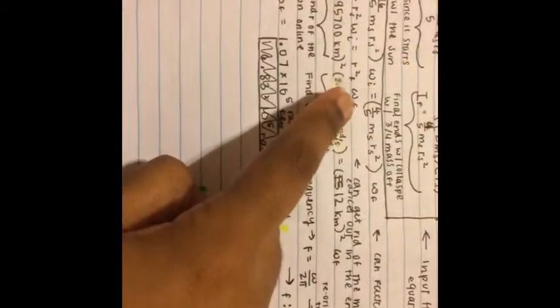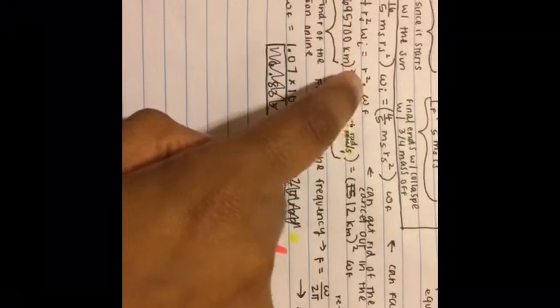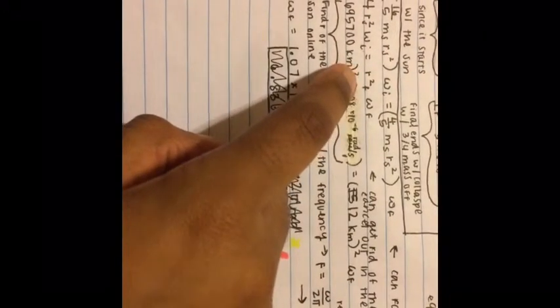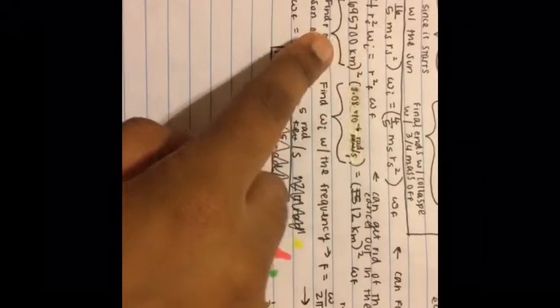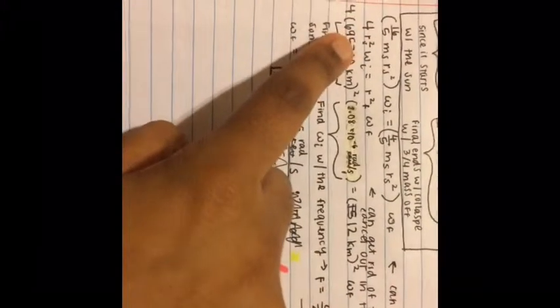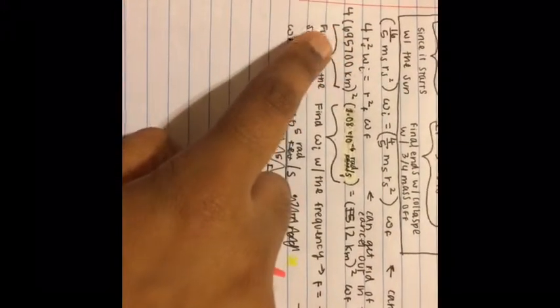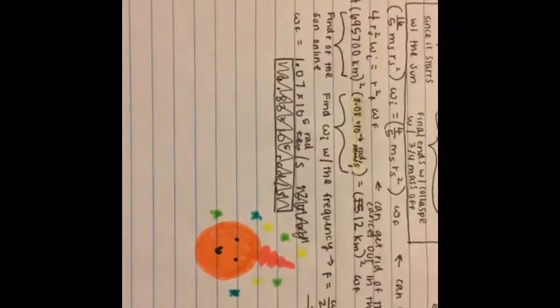Since we are looking for the final angular velocity, we need to figure out the numerical values of the other variables. For our final radius, we're given that it's 12 kilometers, so we can easily input that in our equation. For our initial radius, we're not given it, but we can easily find the radius of our sun online.